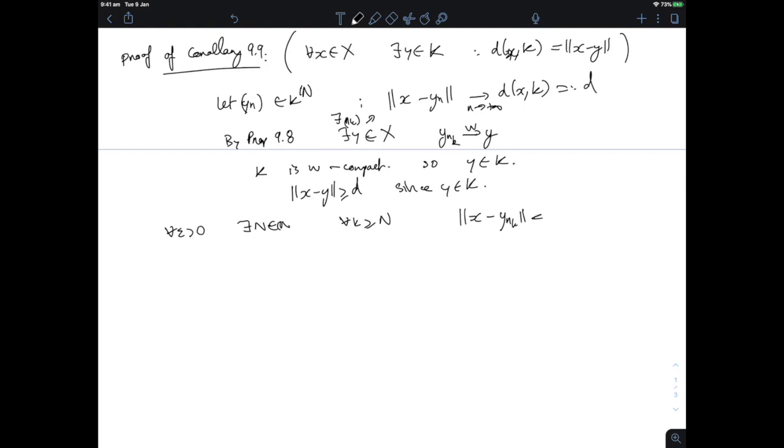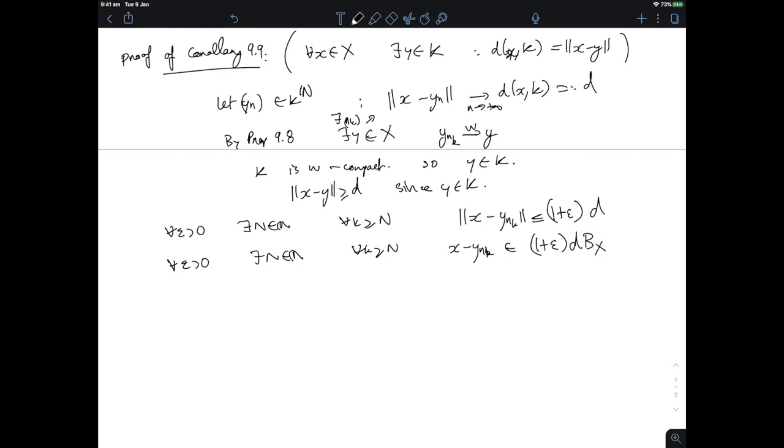So it's smaller, say, than 1 plus epsilon times d. And what is that saying? It's saying that for every epsilon, far enough in the subsequence, x minus y_nk will be in 1 plus epsilon times d times the unit ball of your Banach space.